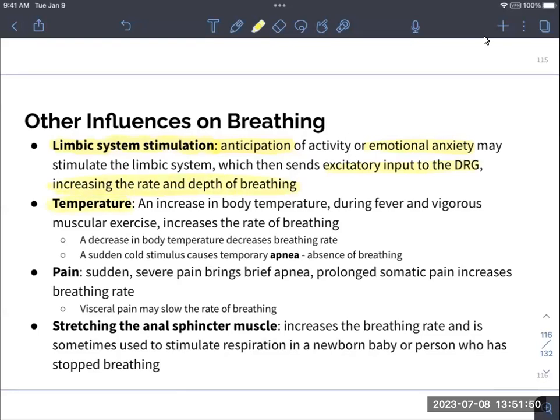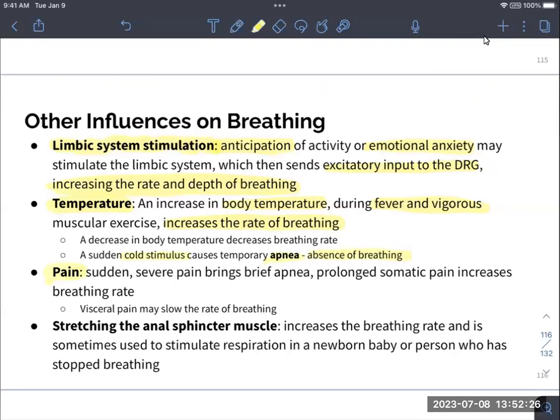Temperature. When your body temperature goes up, like with a fever or exercise, that increases the rate of breathing. A decrease in temperature decreases your breathing rate. A sudden cold stimulus, like going from a nice warm house to minus 20 wind chills outside, you get temporary apnea, or not breathing at all.